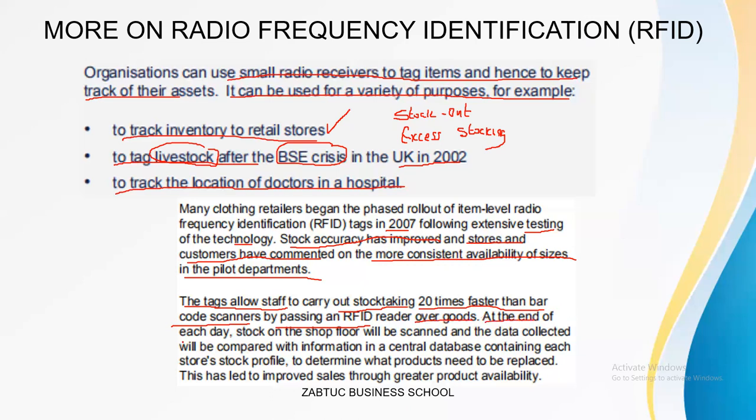At the end of each day, stock on the shop floor will be scanned and the data collected will be compared with the information in a central database containing each store's profile to determine when products need to be replaced or replenished. This has led to improved sales through greater product availability. So these are some of the case studies indicating the impact of using these tags.